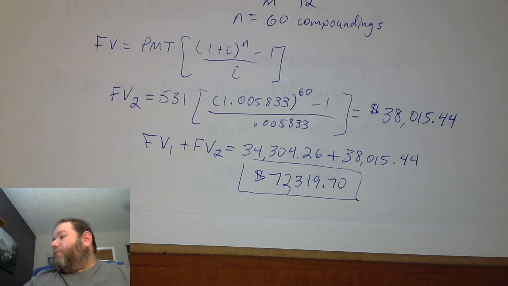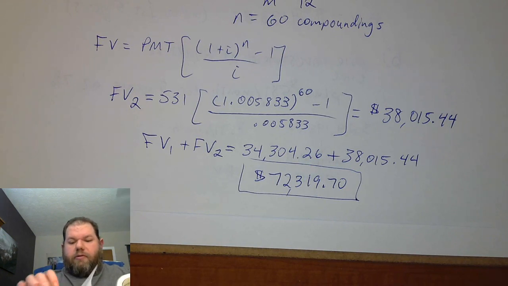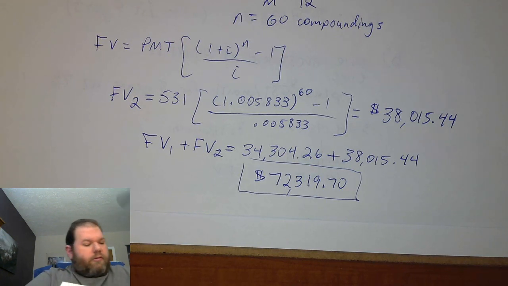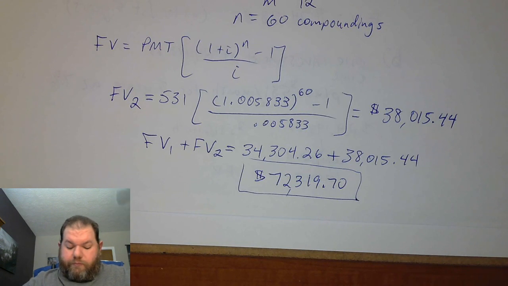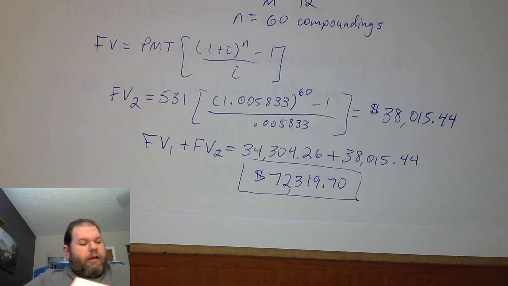So we have the ending value, but we need to find the payment. I'm looking in the wrong section.